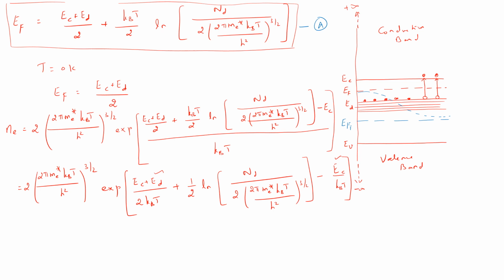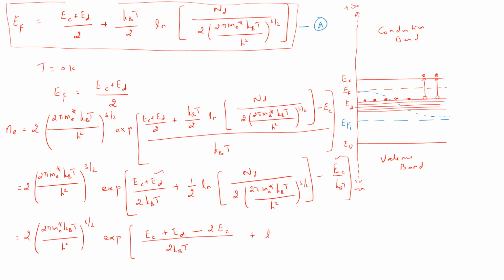Now you can simplify this term and this term. You can take the LCM: 2 into (2 pi me star kBT divided by h square) whole power 3 by 2 exponential. I take 2 kBT as the LCM: EC plus ED here minus 2 EC.